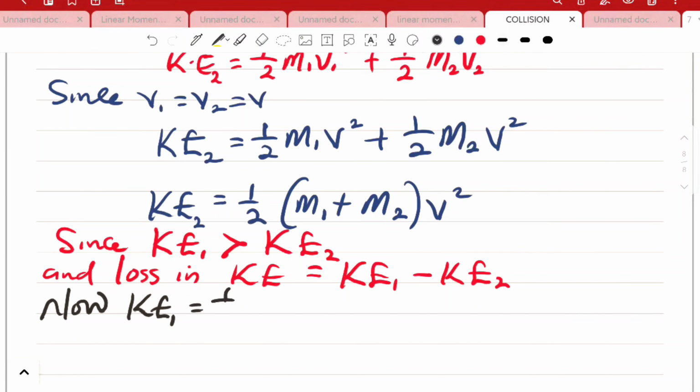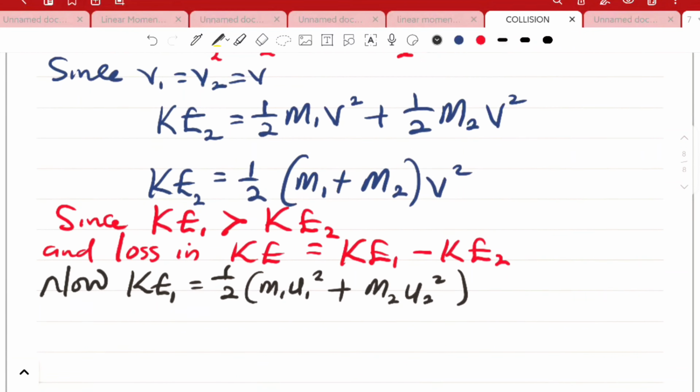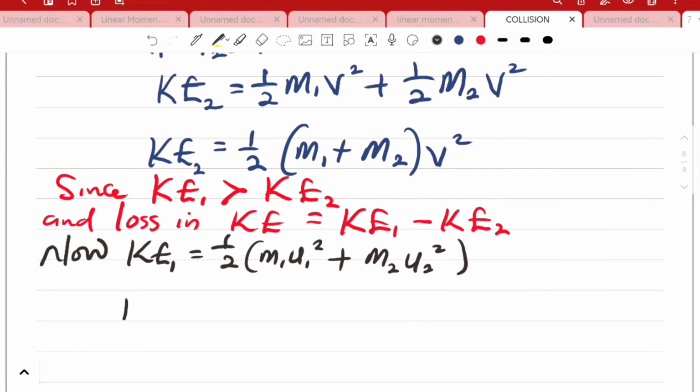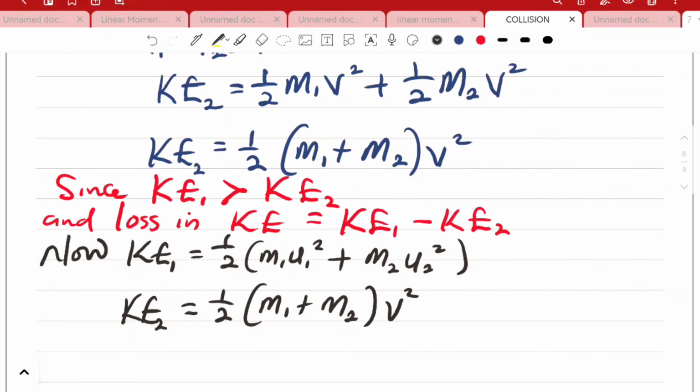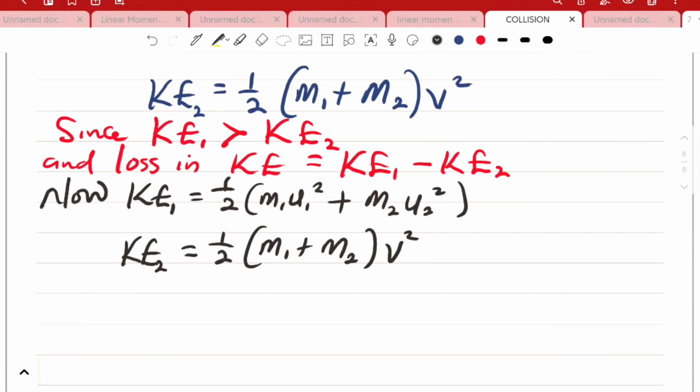So now KE1 is equal to 1 over 2 into M1 U1 squared plus M2 U2 squared. Close your bracket. Then we know that KE2 is equal to 1 over 2 into M1 plus M2 into V squared. Are you here? Now, let's proceed further.